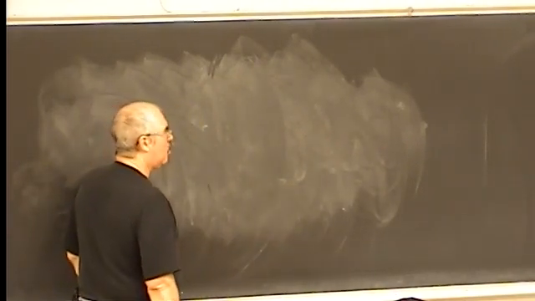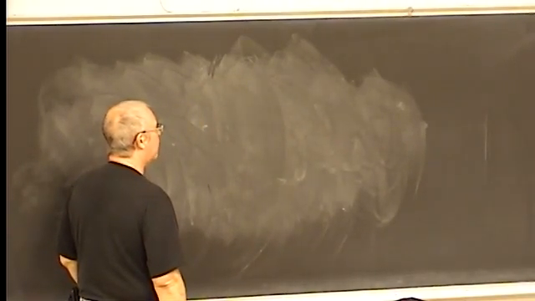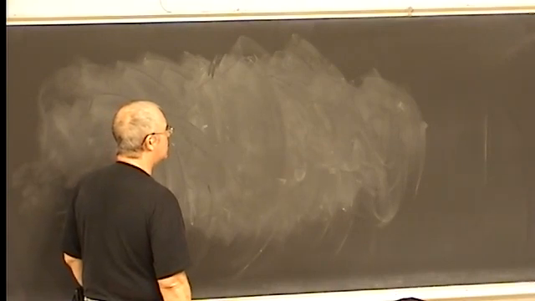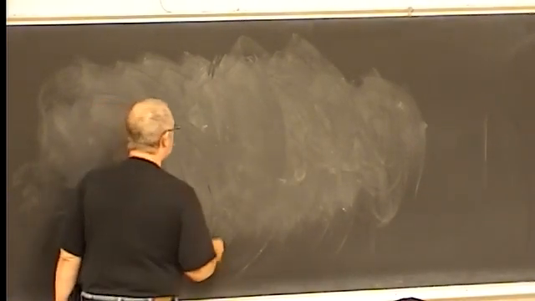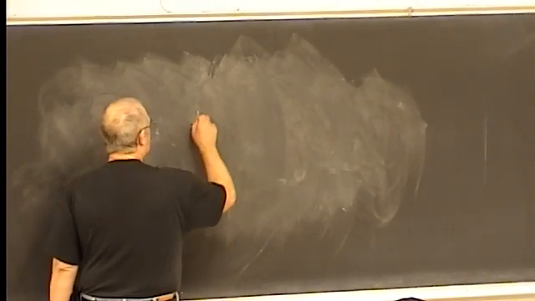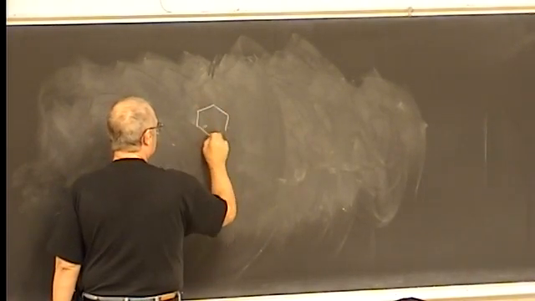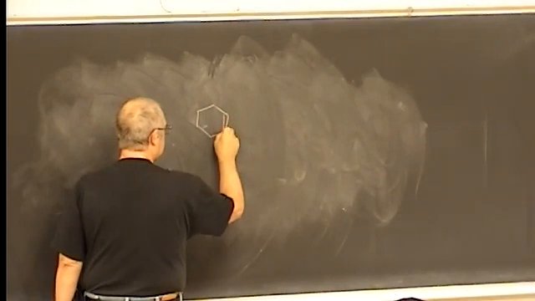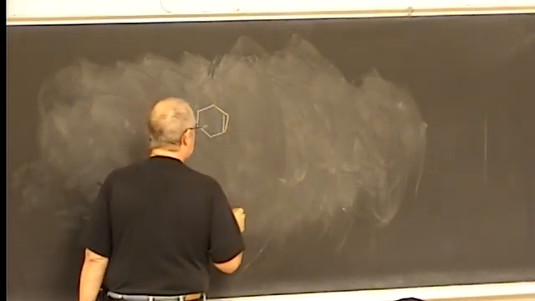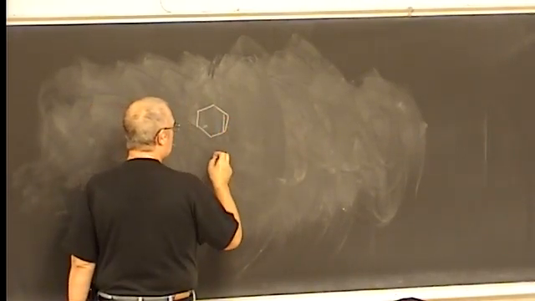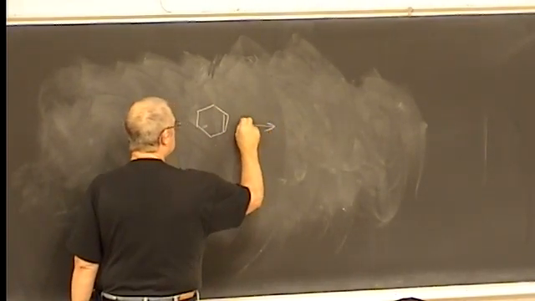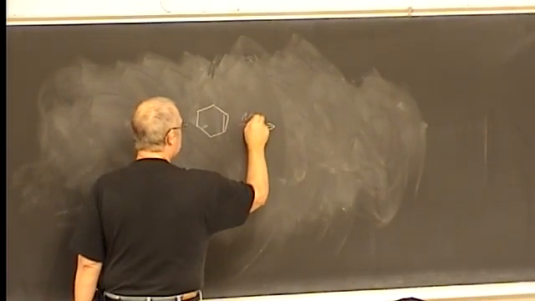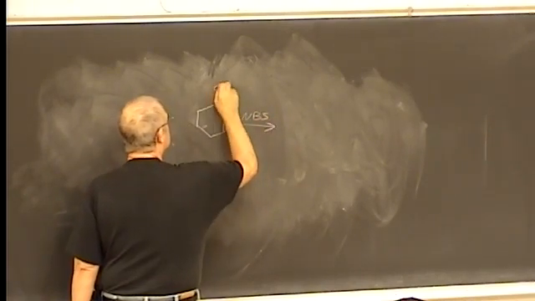We looked at one type of substitution that was a little different from the others. It was a free radical substitution, and it was allylic bromination. So if we have an alkene such as this, there's a special allylic brominating reagent.